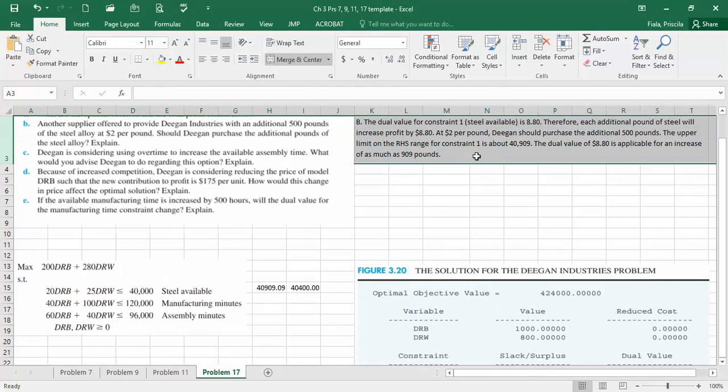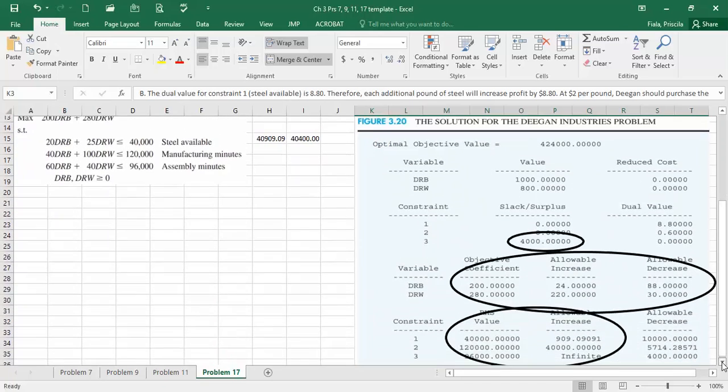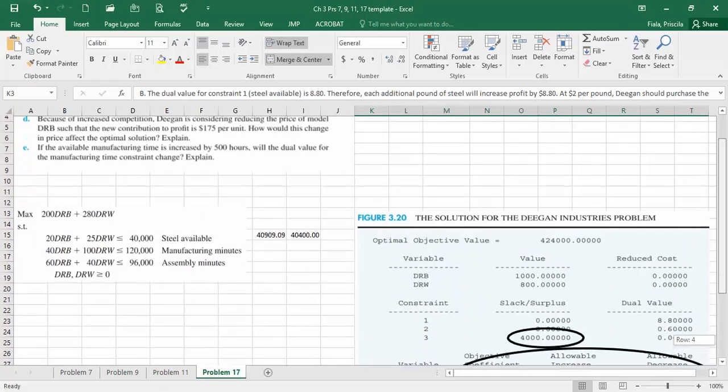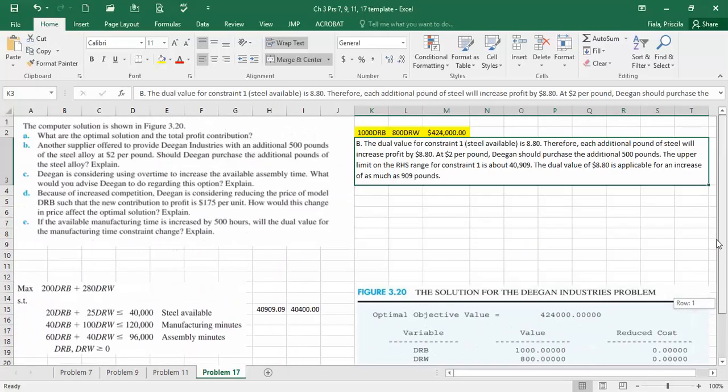Sorry about that. Okay, so what it really means is since my allowable increase tells me I can go up to 909, then perfect, without changing my dual value, without having to develop all this again. We could say, hey, do you actually have 400 more? And if they say, well, I really have to do round numbers, so I have another 500 plus my 500, there's 1,000 pounds, and I'm still going to charge the $2.